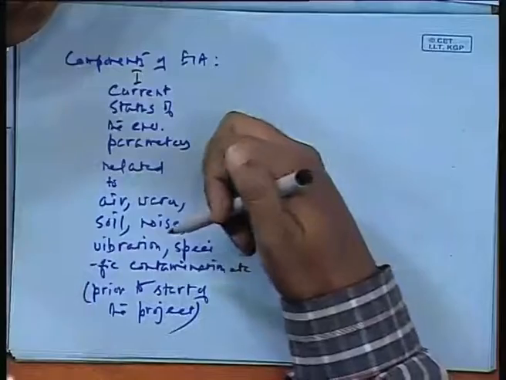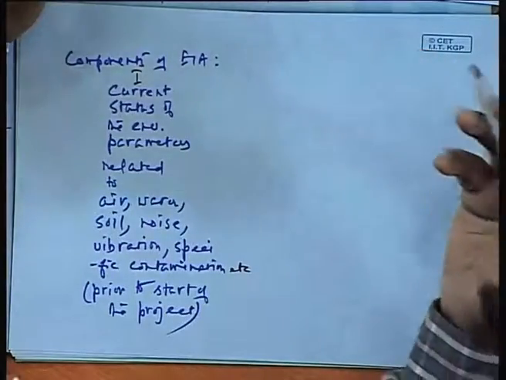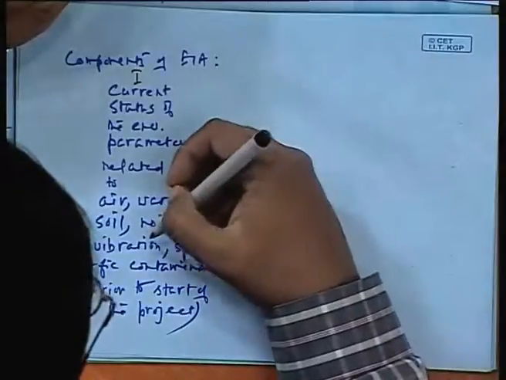Also related to soil, the typical soil parameters that we have known of: soil acidity, the soil organic matter, soil texture, structure, and for noise and vibration, what is the ambient noise, what is the background noise.